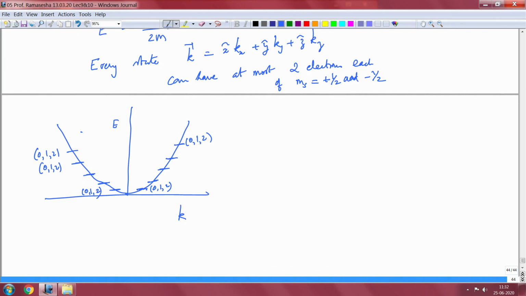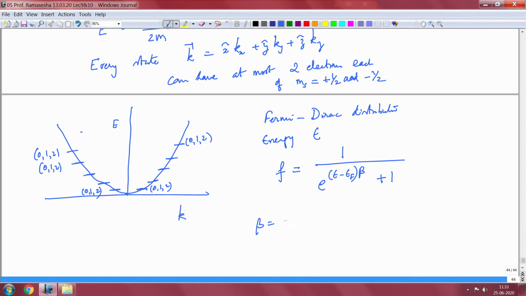Okay. And how is it actually described? It is described by a Fermi-Dirac distribution. Whether a state is occupied or not depends on its energy epsilon: the probability of occupation of that state is given by f equal to 1 upon (e to the power (epsilon minus epsilon f) times beta, plus 1).